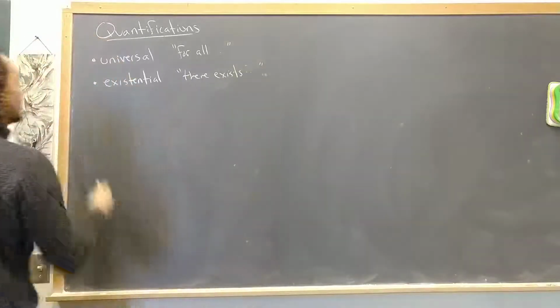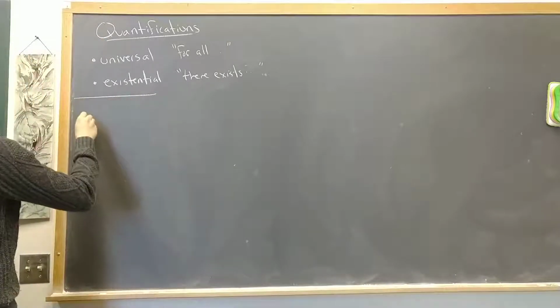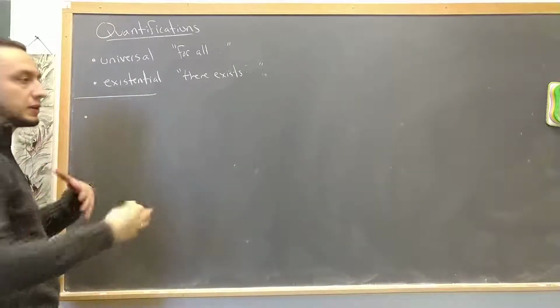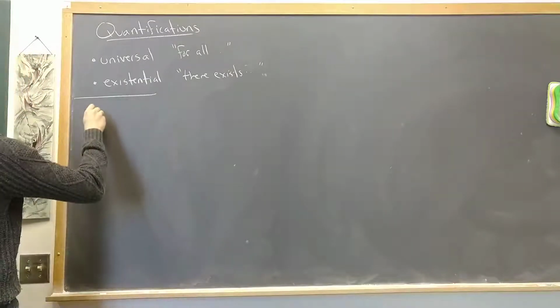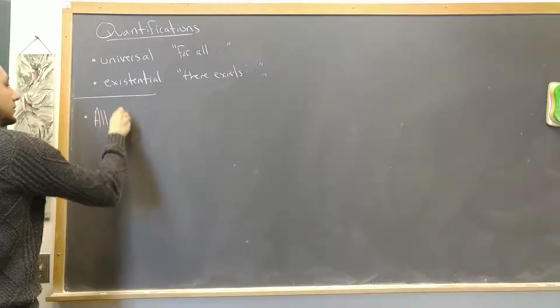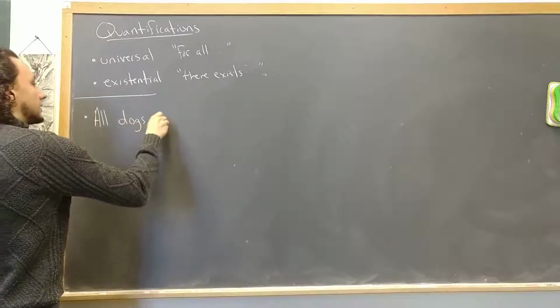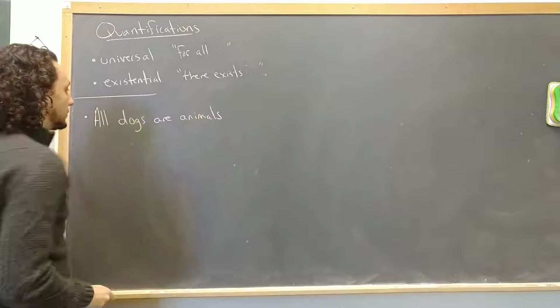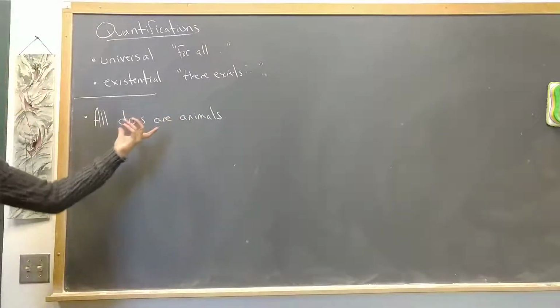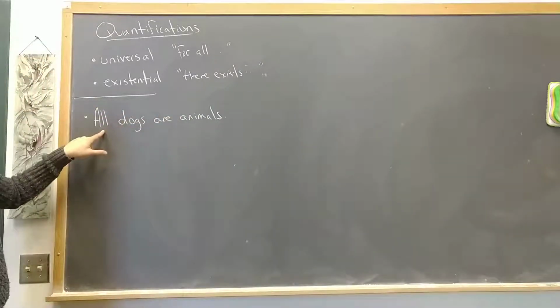So let me give you an example, and this video is basically going to be a bunch of different examples so that we can get comfortable with these notions. A really simple example would be "all dogs are animals," which is an English sentence, and it expresses something that has the word "all" in it.